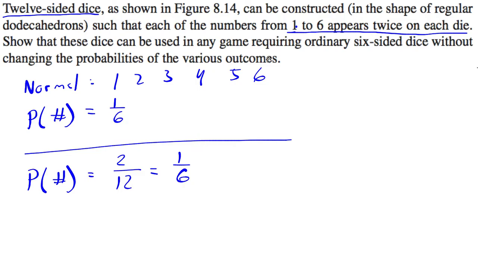So even though it seems like now I have more 4s to get, the probability of rolling a 4 on a 12-sided die is still the same as rolling a 4 on a 6-sided die. Now, if this die were labeled 1 through 12, then it would be much different. We'd be 1 over 12. It'd be half of the probability of a normal die.